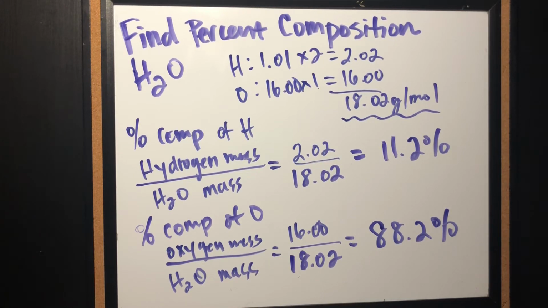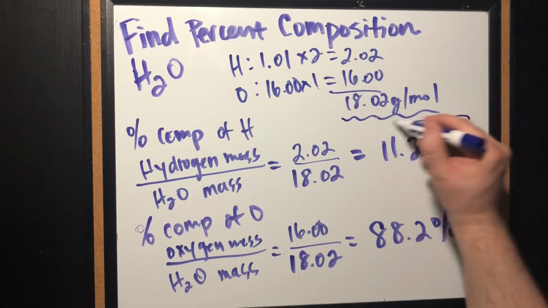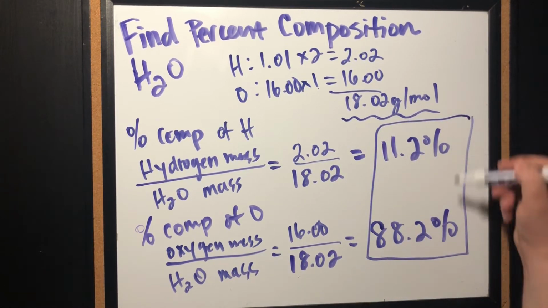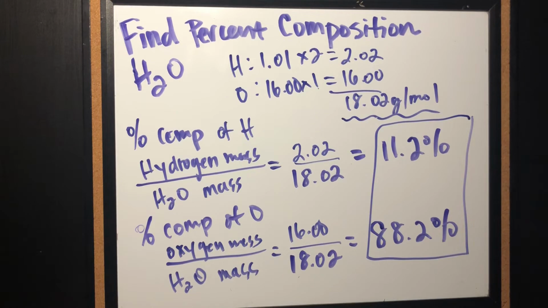What you can also do with percent composition, if you were just given these 2 values, 11.2% of hydrogen and 88.2% of oxygen, you could essentially reverse the math and figure out the formula.